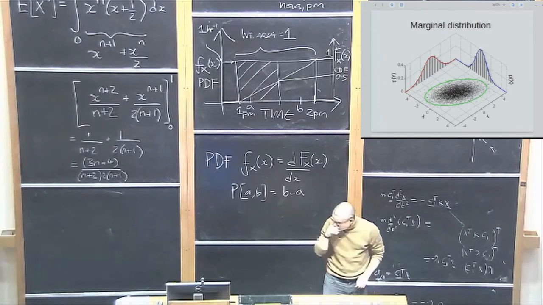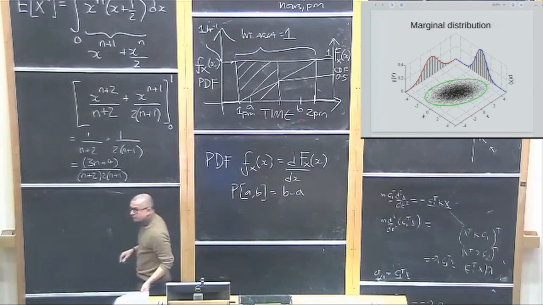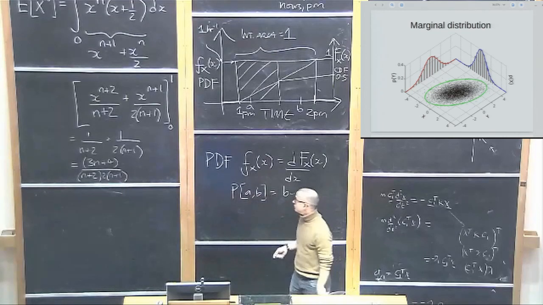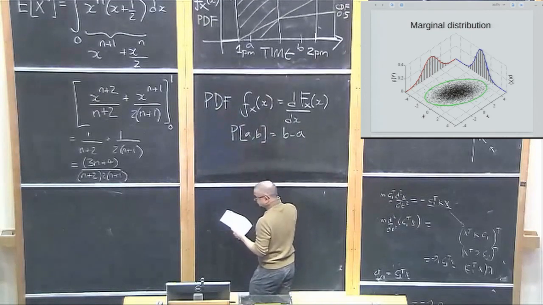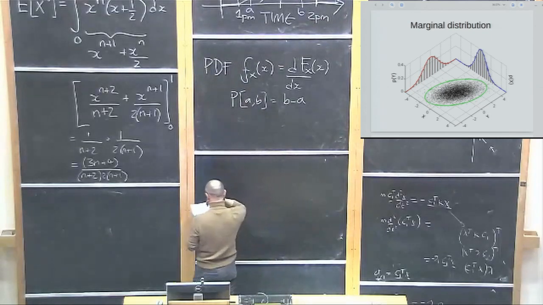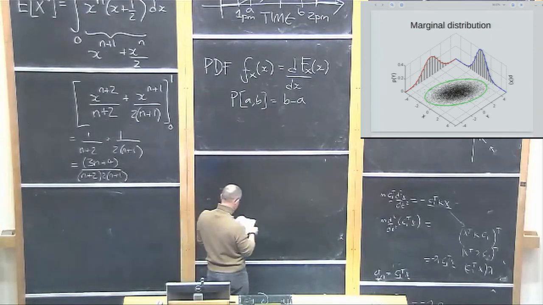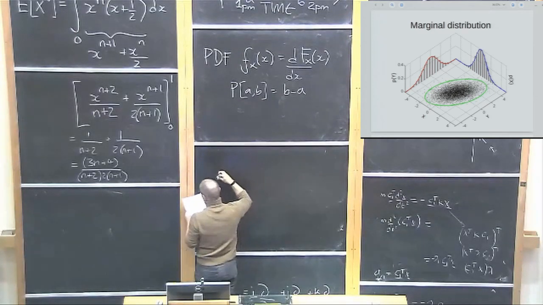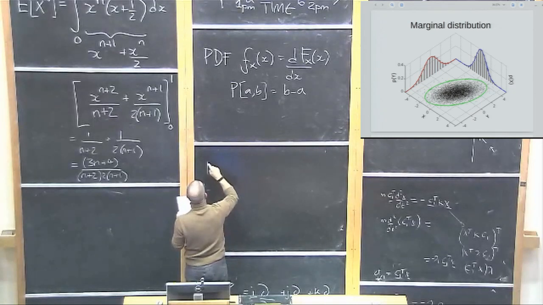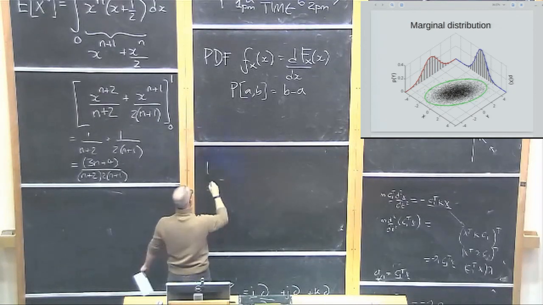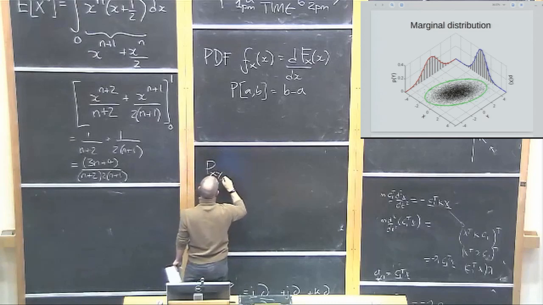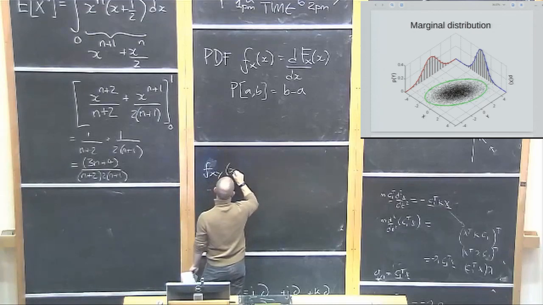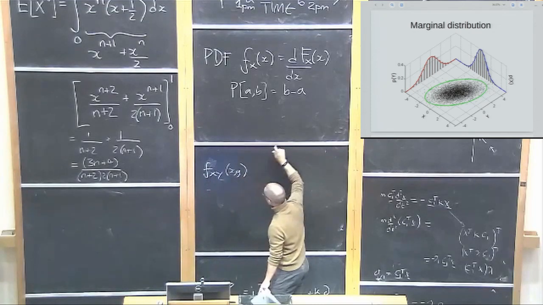Finally, sometimes you will want to make what is called the marginal distribution of some two-dimensional probability function. So I may consider some two-dimensional probability distribution. This is some function, I should use the same notation, f, which is a function of x and y.